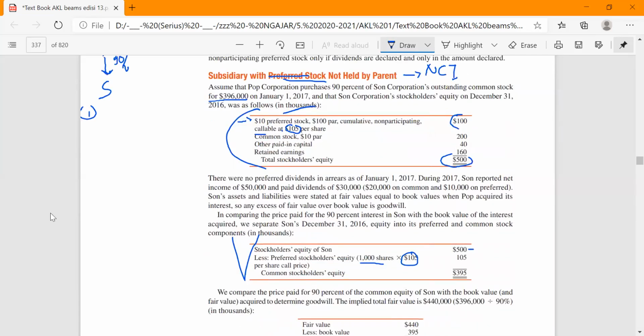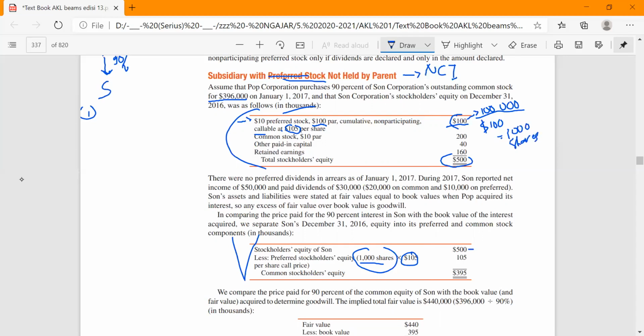Maybe you're wondering, how do we know that the preferred stock is 1,000 shares? We get the information from this. The total is 100,000, and the par amount of the preferred stock is $100. So this 100,000 divided by $100 is 1,000 shares.